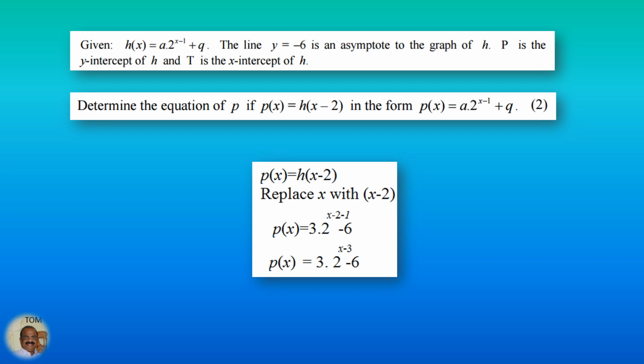Our equation is p of x equal to 3 times 2 to the power x minus 1, but here we are going to replace it. So x minus 2 minus 1, minus 6. We simplify that, then we get p of x is equal to 3 times 2 to the power x minus 3, minus 6. A small question of 2 marks.